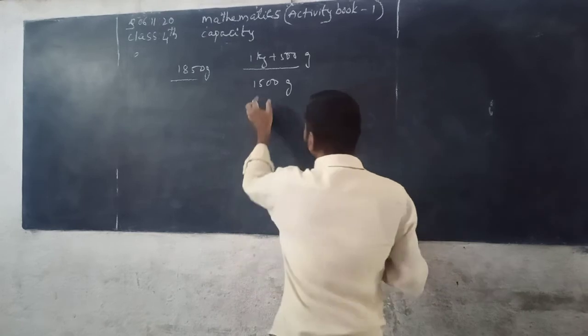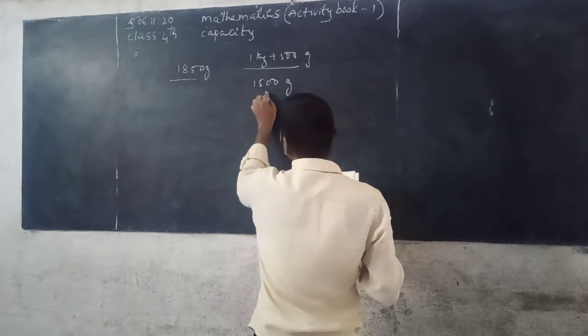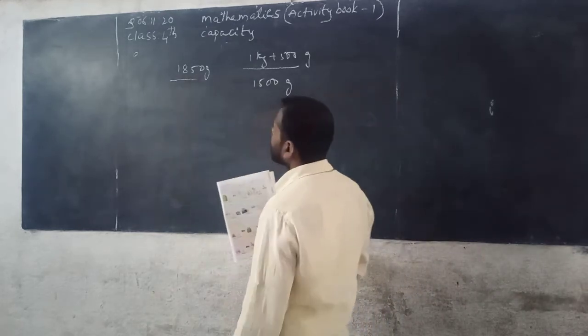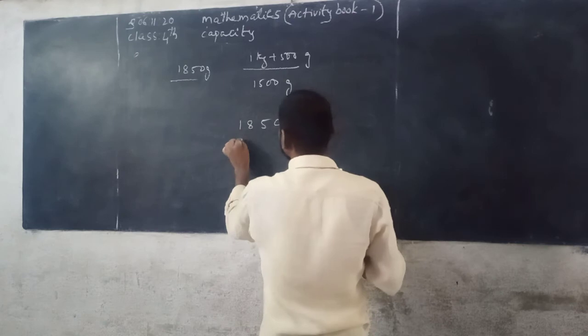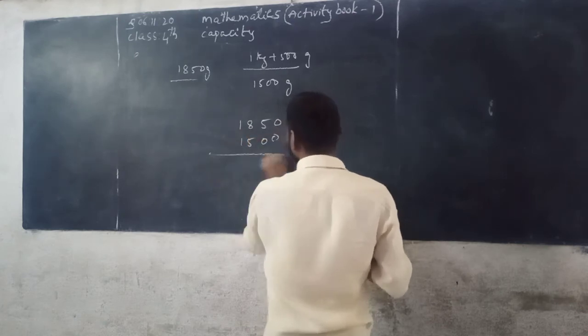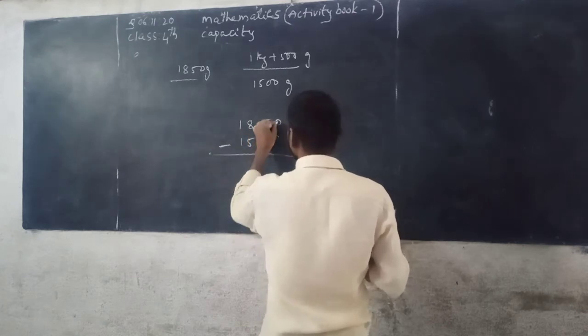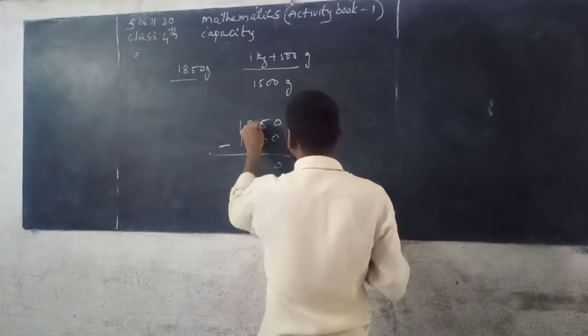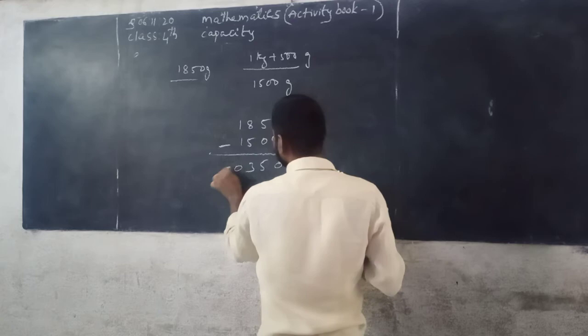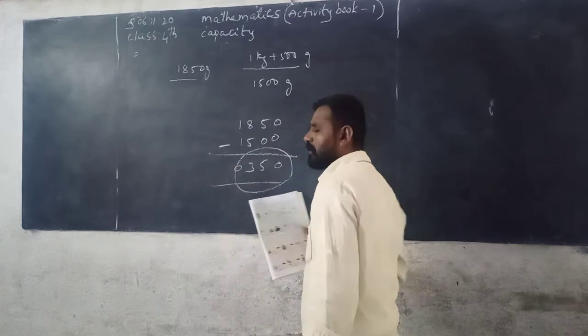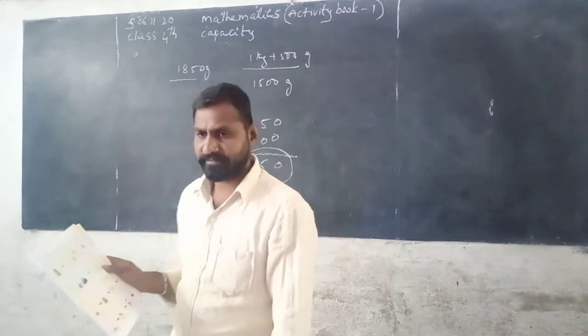So 1500 grams is subtracted from 1850 grams, you can get the answer. See here, 1850 minus 1500 grams. 0 minus 0, 0. 5 minus 0, 5. 8 minus 5, you get 3. 1 minus 1, 0. So you need 350 grams more.